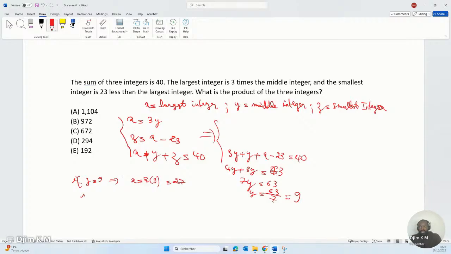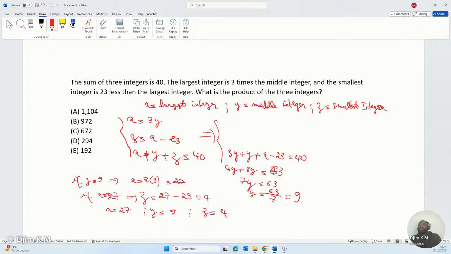And if x is equal to 27, then z will be equal to 27 minus 23, which is equal to 4. So that means x is 27, y is 9, and z is 4.